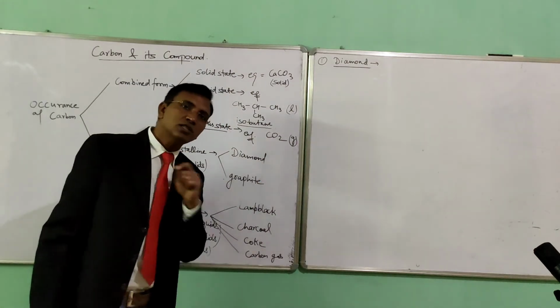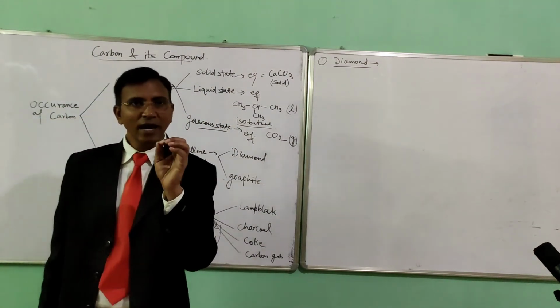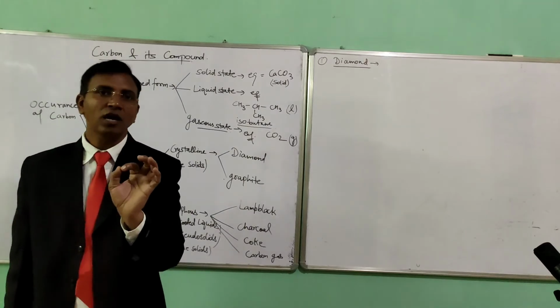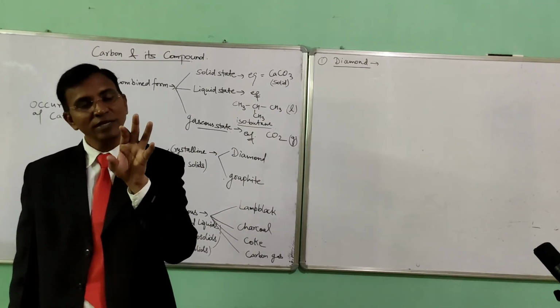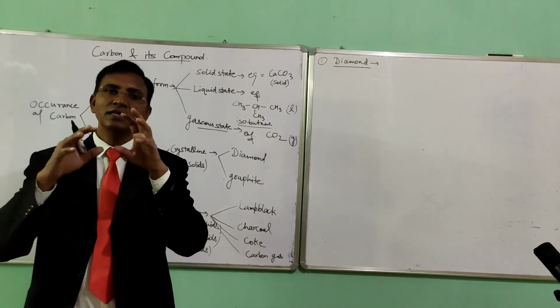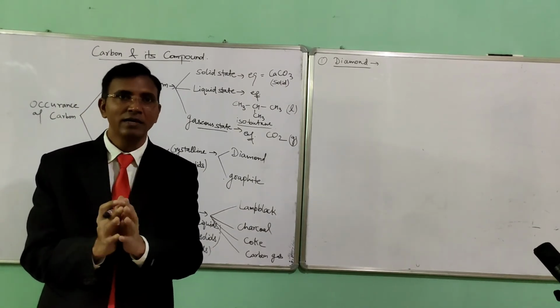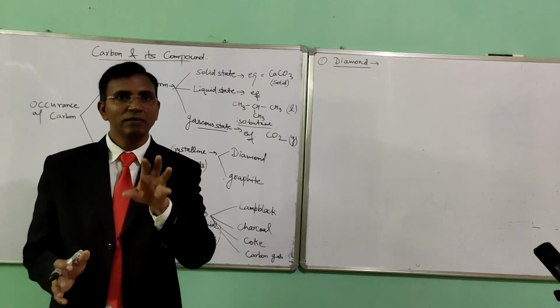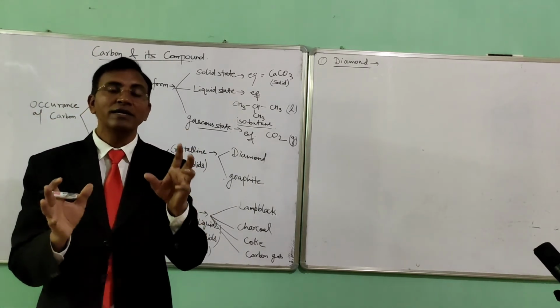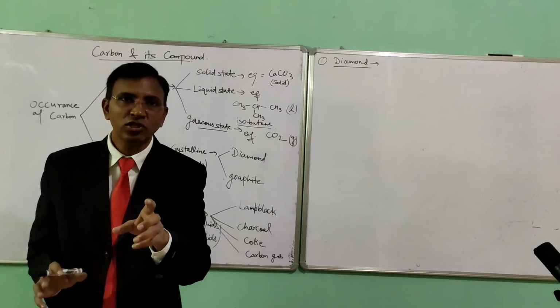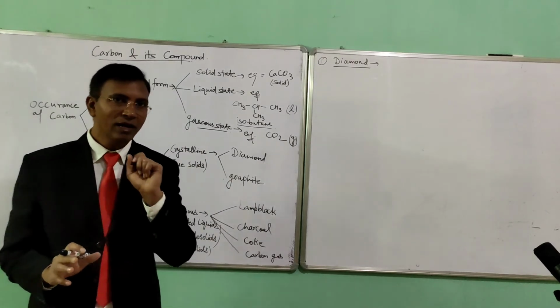Actually, the structure of diamond is such that each carbon atom's four valencies are satisfied, meaning joined or shared, by the neighboring four tetrahedrally arranged carbon atoms, right?